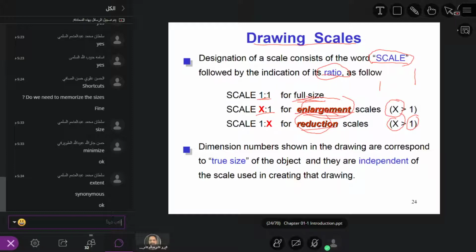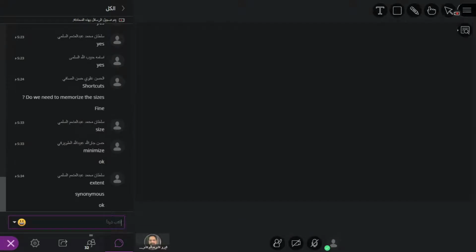Can you give me an example for this? True scale, enlargement scale, and reduction scale. I'll give you an example so you'll understand this much better. As an engineer, I draw a smartphone, let's say the iPhone 11 Pro.